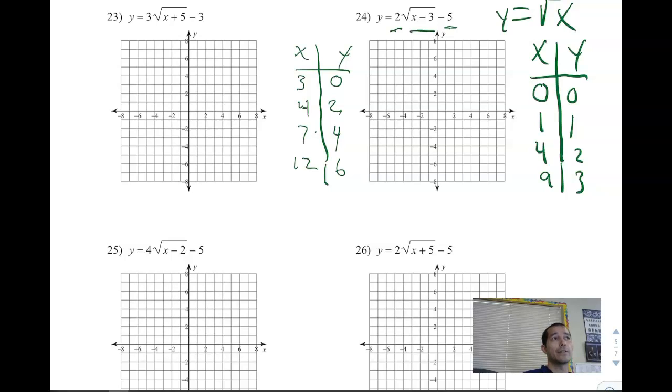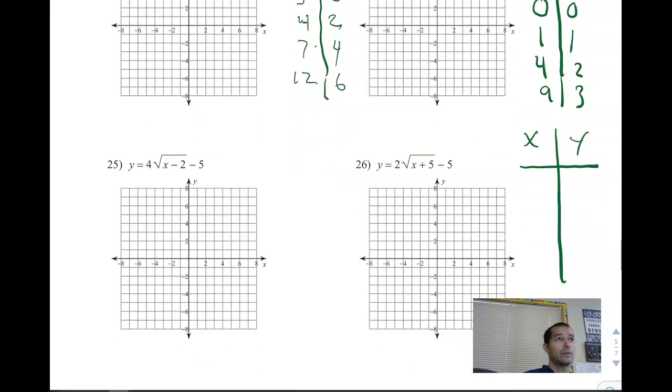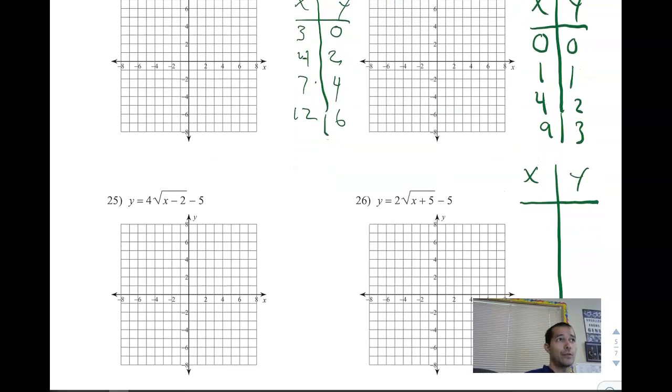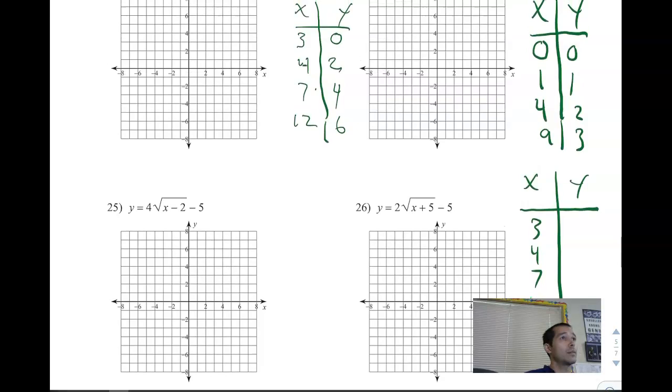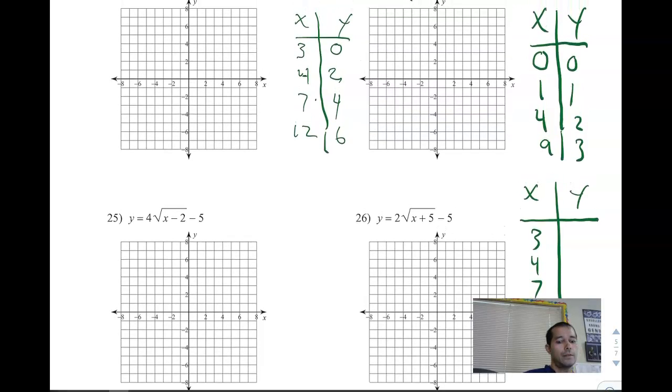So now we want to get the final set of points, okay? I'll write down the final set of points right here. If I'm only moving down 5, only the y's get affected. So I still have 3, 4, 7, 12. But then all the y's are going to get moved down by 5.